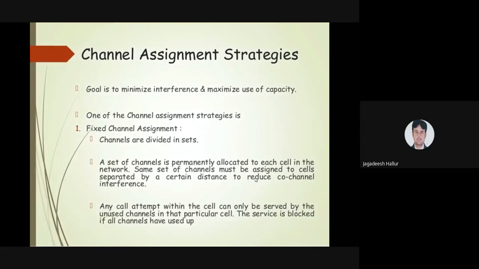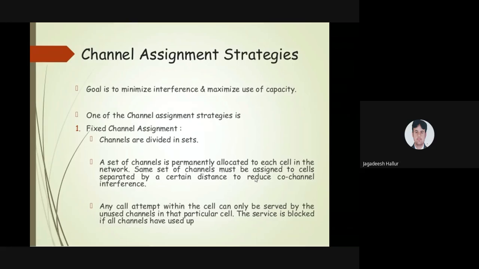If you want to make a call, suppose there are three cells present, cell A1, cell A2 and cell A3. Cell A1 has 6 channels, cell A2 has 7 channels, cell A3 has 8 channels.